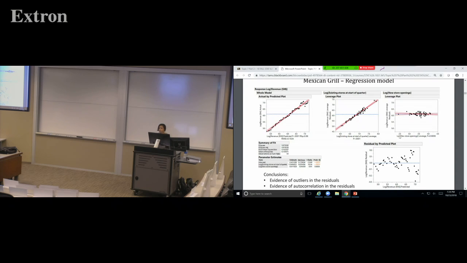Along the y-axis, we're looking at the residuals of y regressed on all the other predictors. So for this leverage plot with existing stores at start of quarter, this is the residuals of y regressed with new store openings on the y-axis, and then on the x-axis is the predictor regressed on the other predictors. The residuals from those two plots.